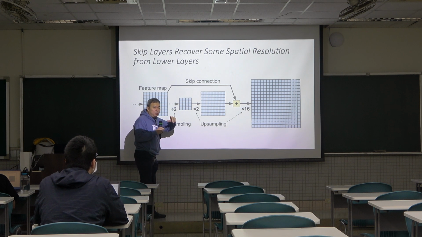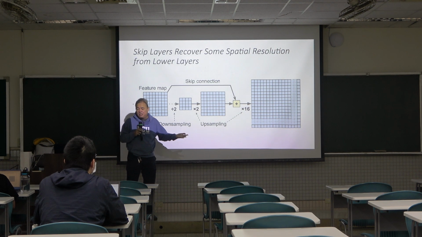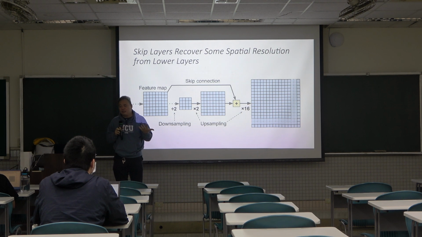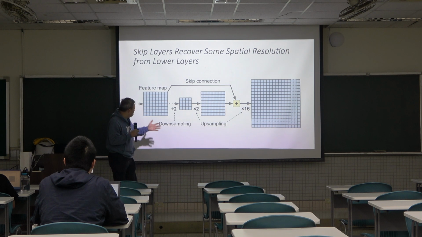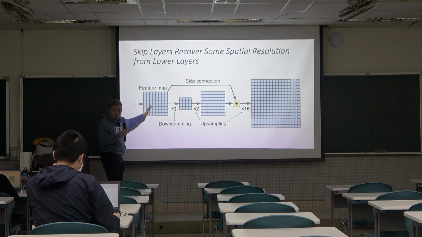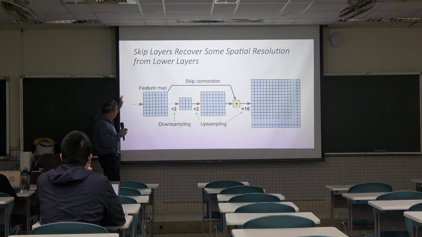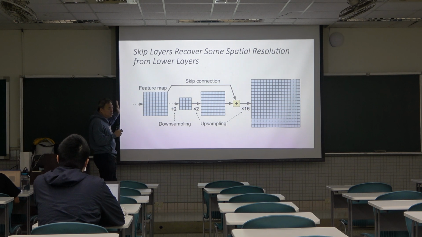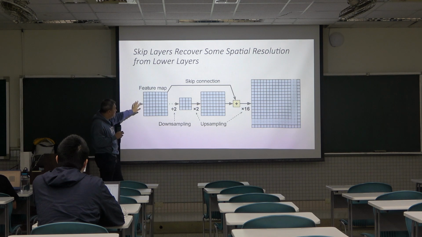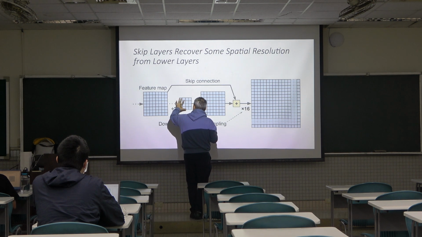Remember, this is a model used for semantic segmentation. So the input image originally was big, and then we use downsampling. We have a larger image at the earlier part of the model. And then, say we downsample to this.